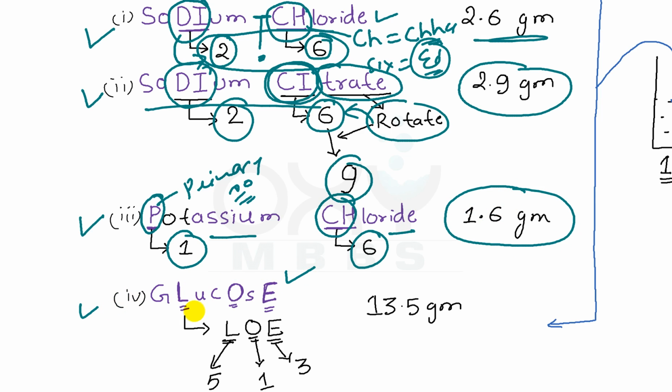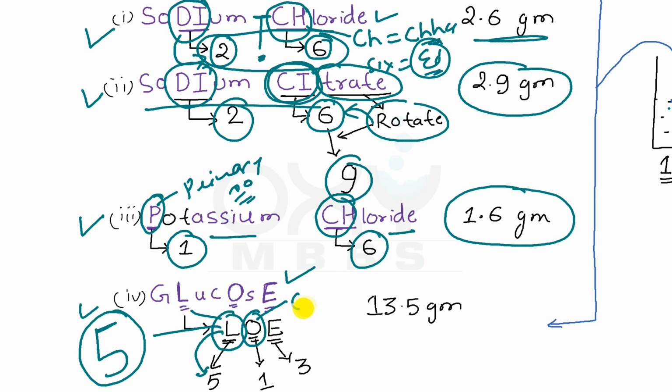Next is glucose. Now from the glucose take this L, O and E. Now we can easily make number 5 from the L. Let's see how. This is capital L. Now make a straight line here and curve here, so it becomes number 5. And from O it is number 1. So we are taking this O from the 1, so it is number 1 here.